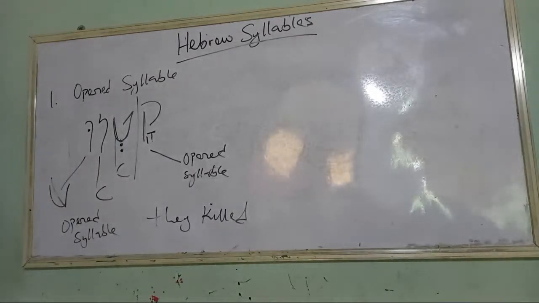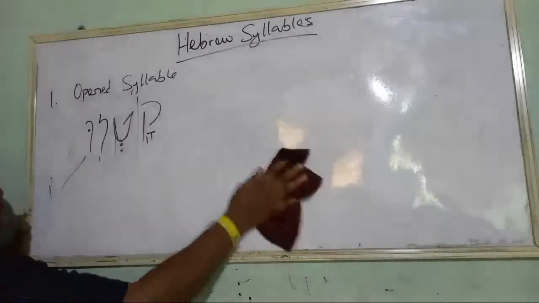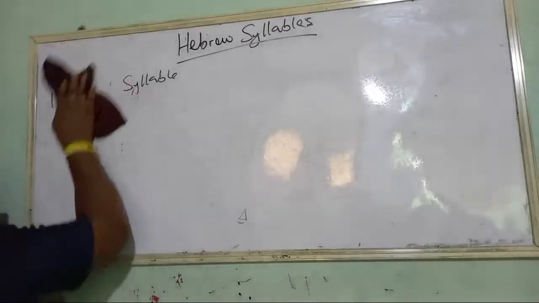We also said that if aleph and a end a syllable, that syllable is automatically open. And when a syllable is written with a meteg, that syllable is open. So those are the 4 clues to know an open syllable.